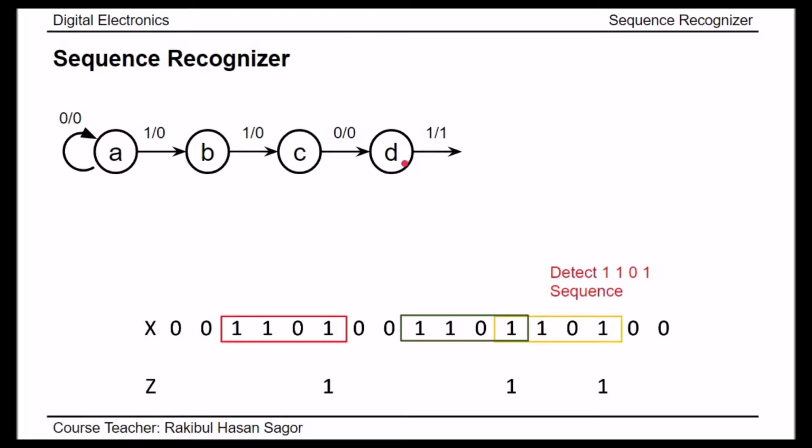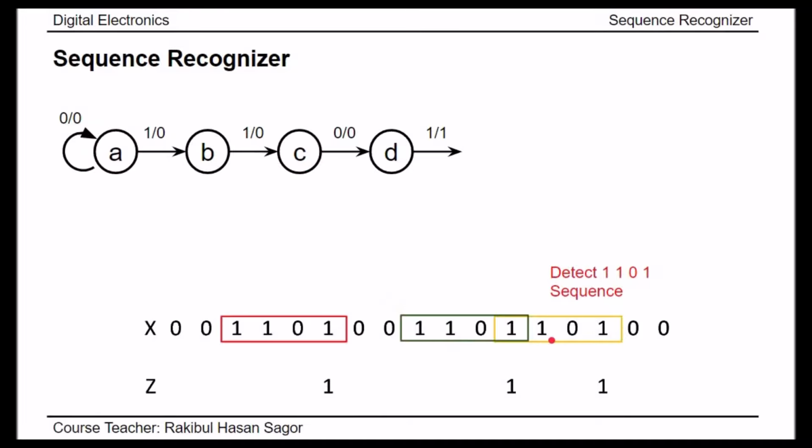That's why instead of connecting D to A, we must ignore a step of 1 in order to get 1, 1, 0, 1 for the next case. So instead of connecting this D to A, we must connect this D to B. So if we connect this D to B, what will happen? After this 1, if we get the next one, it will go to C. That means 2 ones.